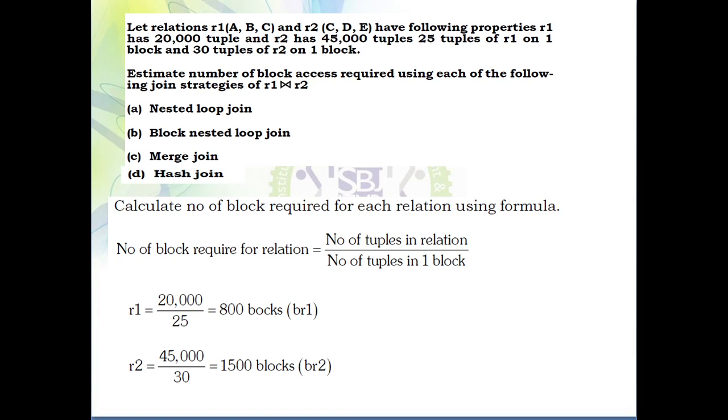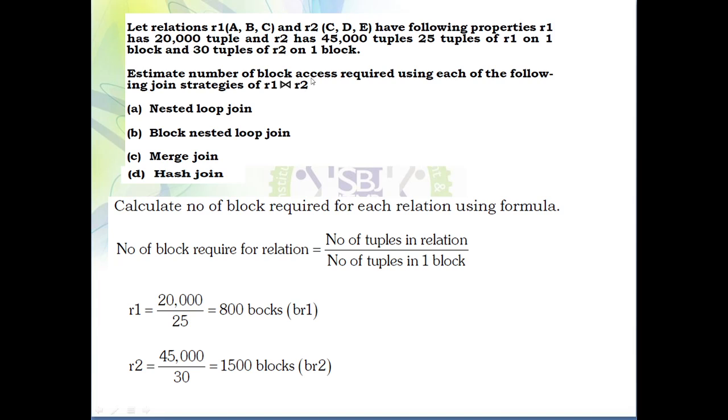So first of all we need to estimate how many blocks there are for relation R1 and how many for relation R2. To calculate the number of blocks required for each relation, you can use a simple formula: number of tuples in the relation divided by number of tuples in one block.